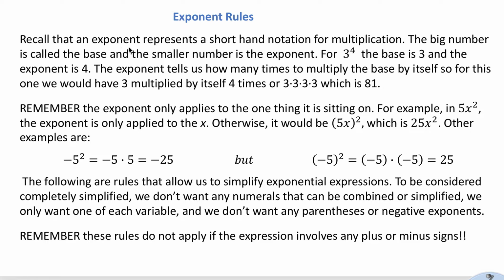So you have 1 over 3 times 3. So if one of them gets to cancel, I'm left with 2 3's in the denominator. Here, when I cancel 5, since most of them are in the numerator, the ones that are left are going to be in the numerator. Here, most of them are in the denominator, so when you cancel this one, you're going to have 2 of them in the denominator.